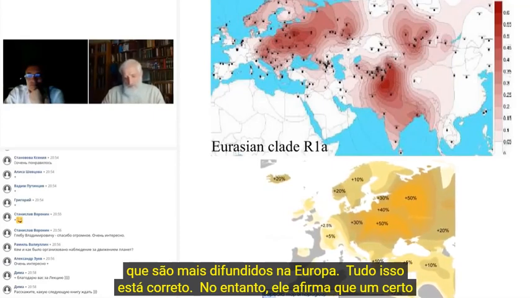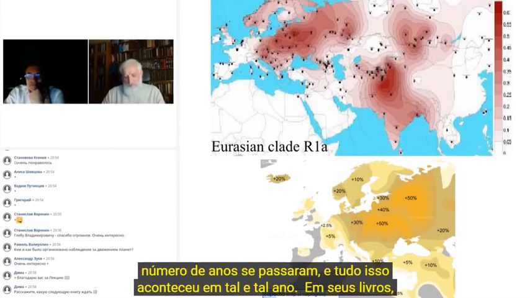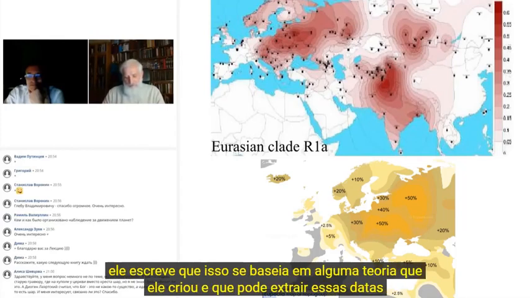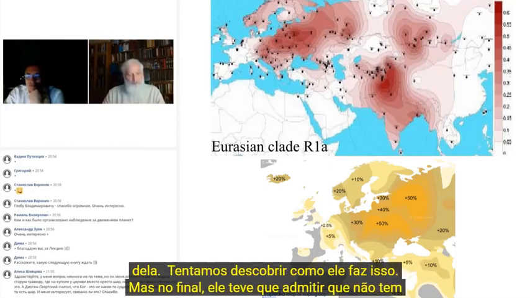All this is correct. However, he claims that a certain number of years have passed, and all of this happened in such and such year. In his books, he writes that this is based on some theory that he came up with, and he can extract these dates from it.